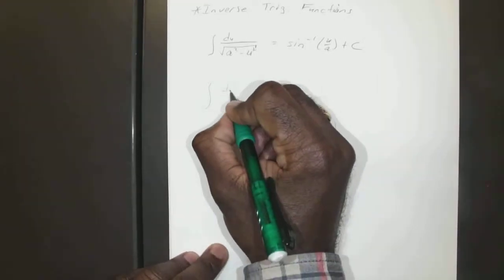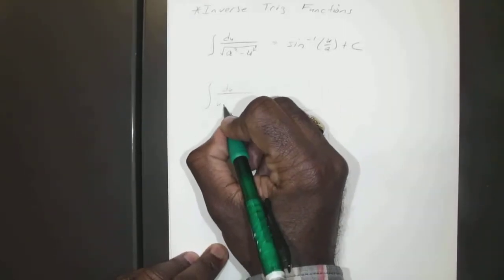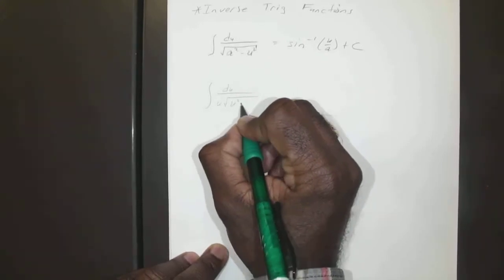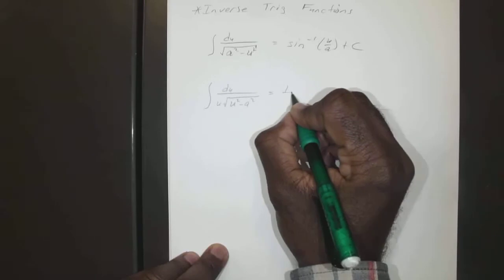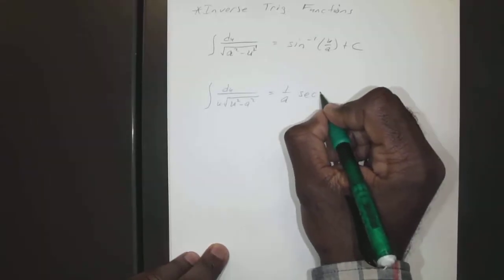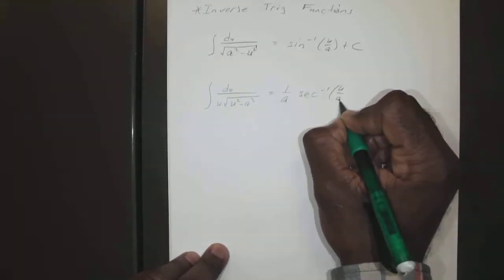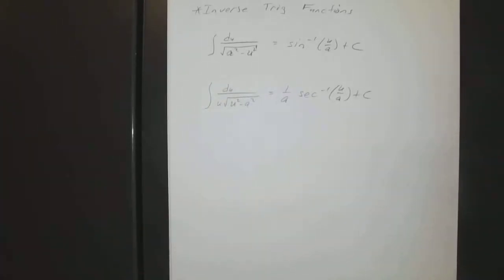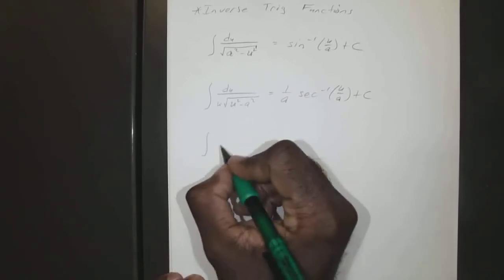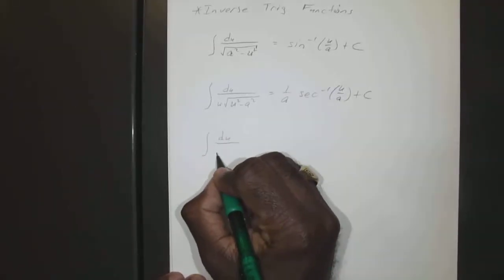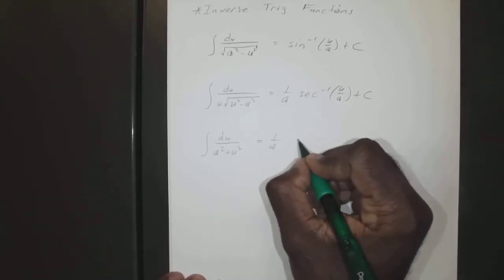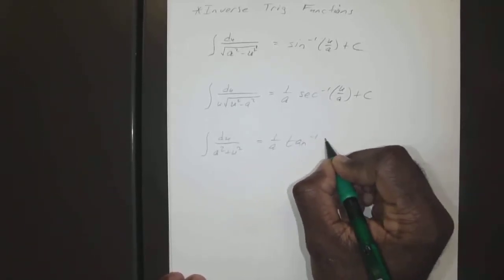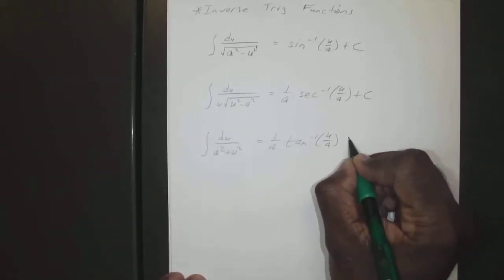And the integral of du over u times the square root of u squared minus a squared is equal to 1 over a secant inverse of u over a plus c. And the integral of du over a squared plus u squared is equal to 1 over a tangent inverse of u over a plus c.